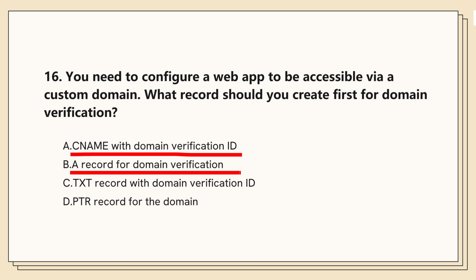The correct answer is: you need a TXT record with the domain verification ID to prove you own the domain. This is the first step to making sure your custom domain is linked to your web app securely. PTR records are only for reverse DNS lookups, which isn't related to setting up custom domain access for web apps.